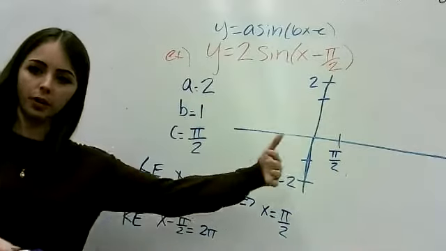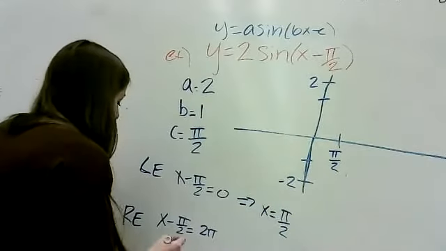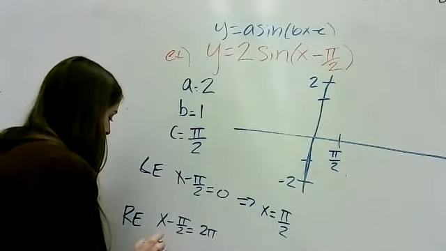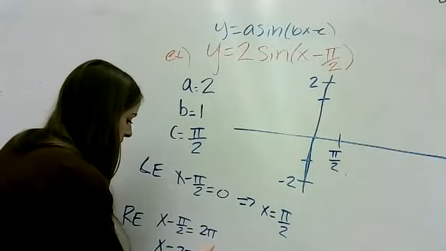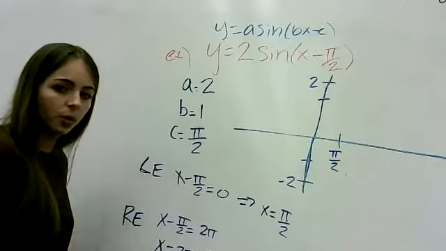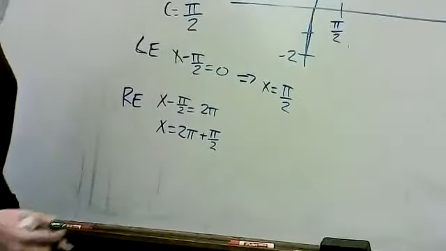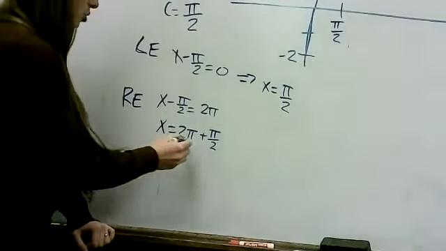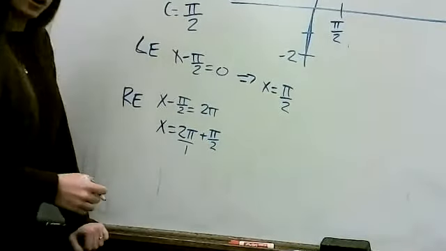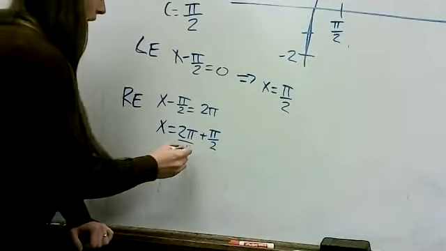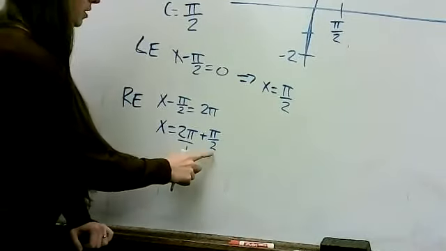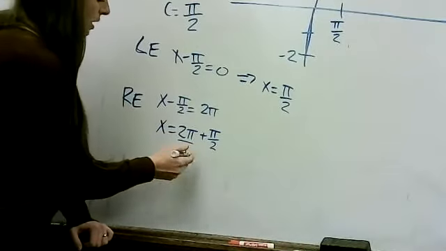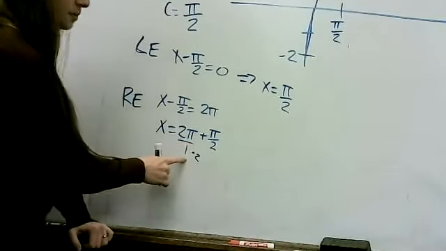Now we want to find where we're going to end up. So we have to solve this by adding that over. So now we have 2 pi plus pi over 2. We need to make a common denominator here to be able to add 2 pi to pi over 2. My current denominator is 1, so I need to multiply. This one's already 2, so 1 times 2 gives me 2.